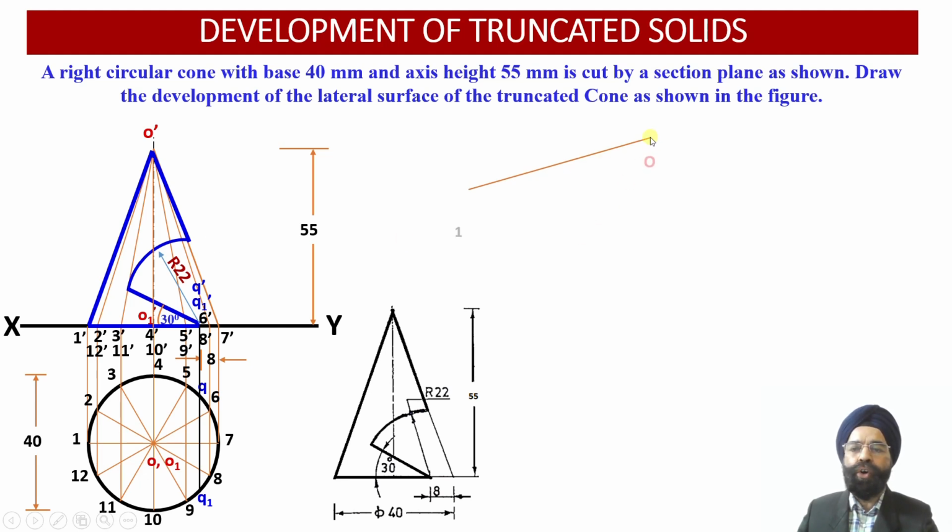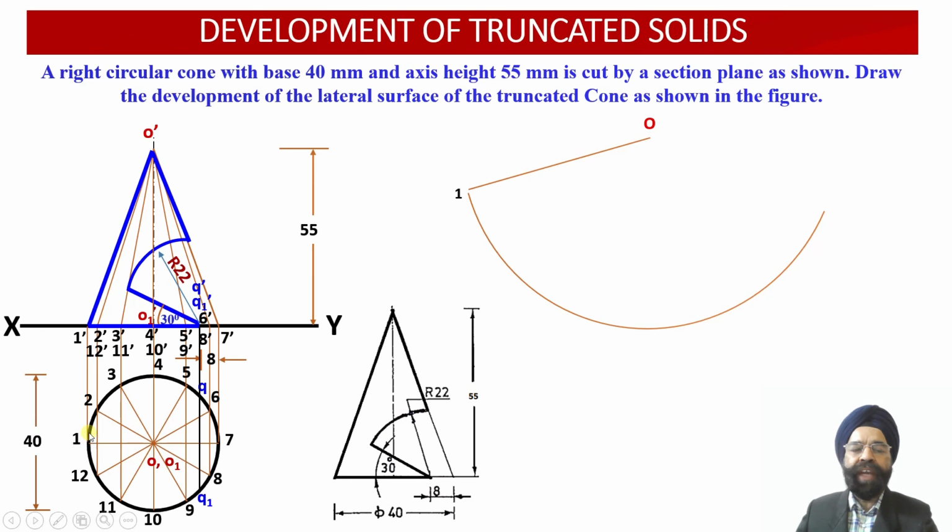So now with O as the center, radius equal to O1', which is equal to O7' over here. With this radius of the true length of the slant generator, we have drawn an arc over here such that onto this arc we are going to obtain 12 points corresponding to the 12 sectors which we have identified onto the circumference of the base of this cone over here.